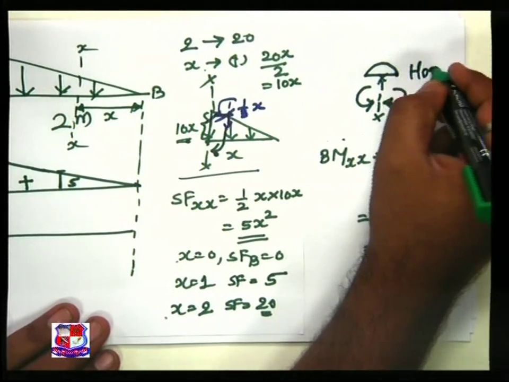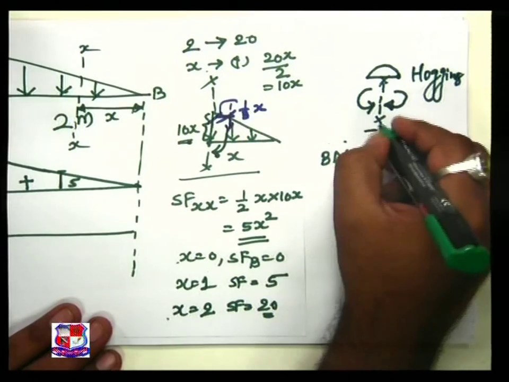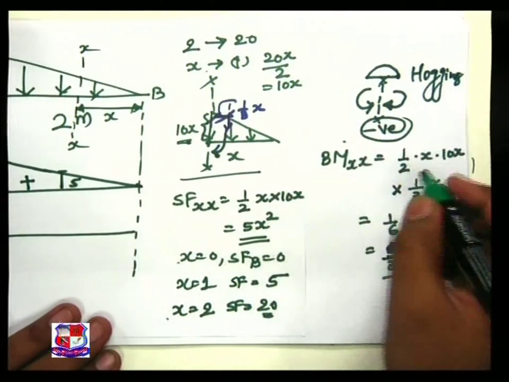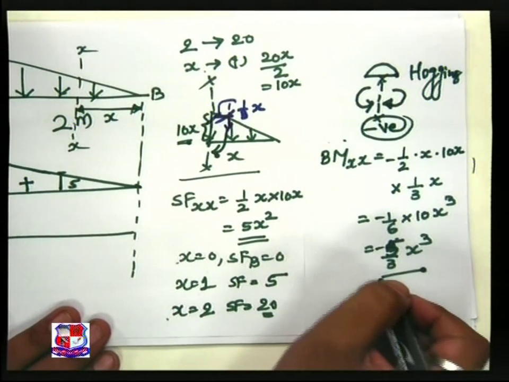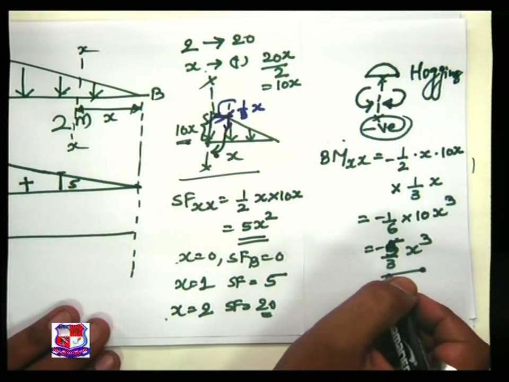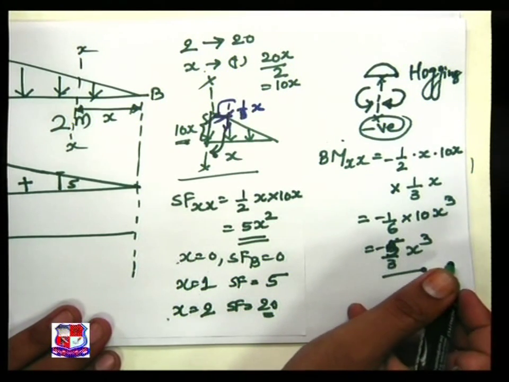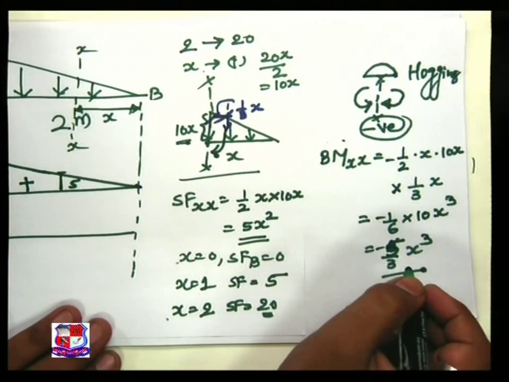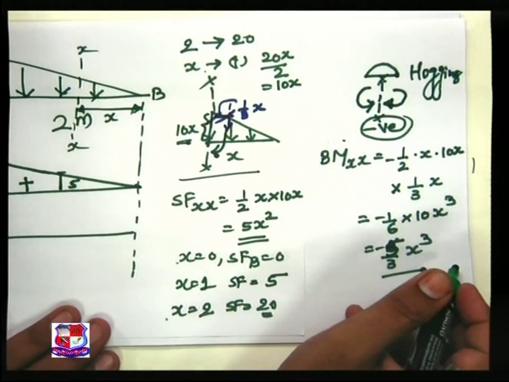Hogging is treated as negative as per our sign convention. So in all the cases it is negative. Minus 5/3 x cube. This is of cubic parabolic nature. Repeat the word, cubic parabolic nature.